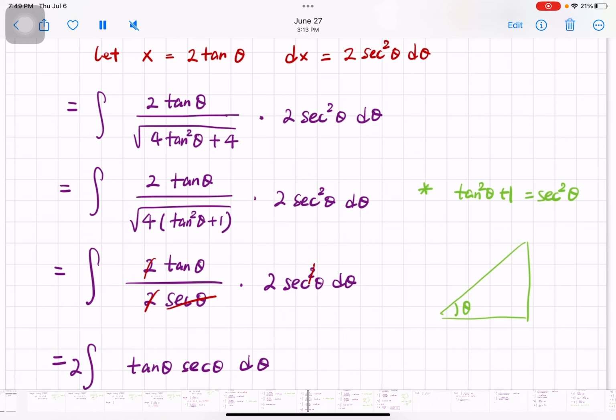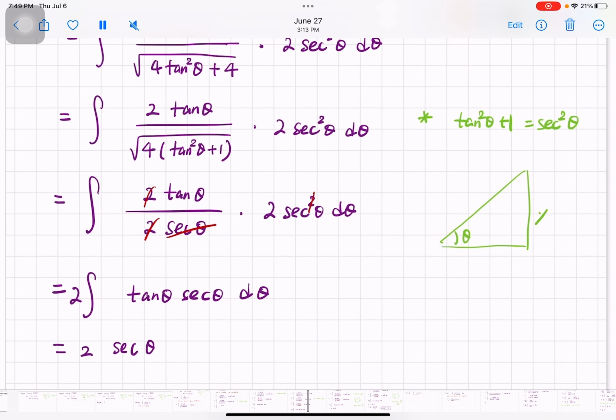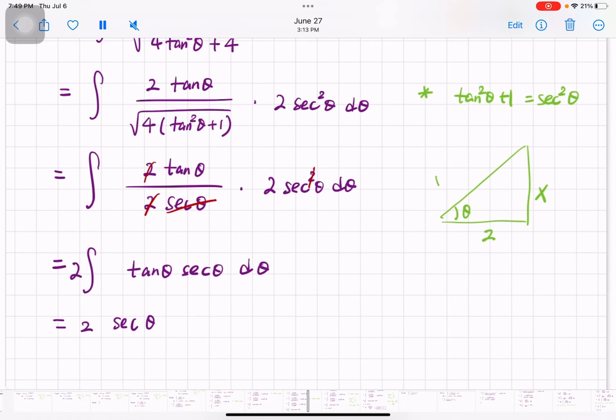So x equals 2 times tangent theta, so tangent theta is going to be x over 2. So the opposite is going to be x, the adjacent is going to be 2, and then the hypotenuse is going to be the square root of 4 plus x squared.